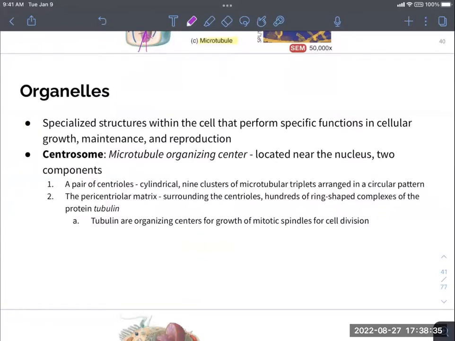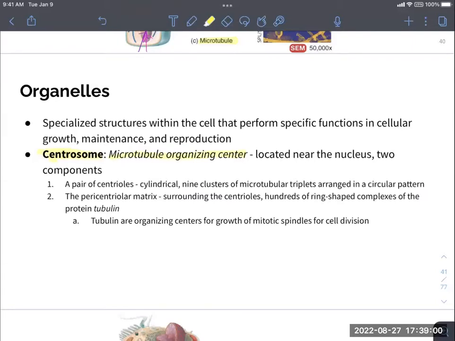Again, we have those centrosomes. As we mentioned before, that's the microtubule organizing center. It's near that nucleus, and it has two components. It has a pair of centrioles, which are 9 clusters of microtubule triplets arranged in a circular pattern.